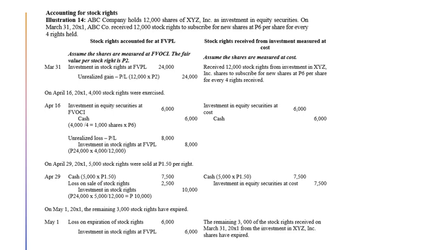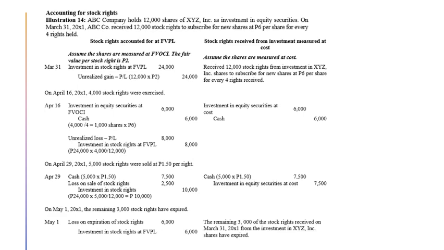So, saan natin kinuha yung 8,000? So, pwedeng yung shortcut is fraction natin yung amount. So, di ba, ang total ng lahat-lahat ng stock rights, originally, yung 12,000 is 24,000. So, since 4,000 yung nagamit, so, get the fraction, 4,000 over 12,000, and i-multiply sa 24,000. So, you will get 8,000 pesos.